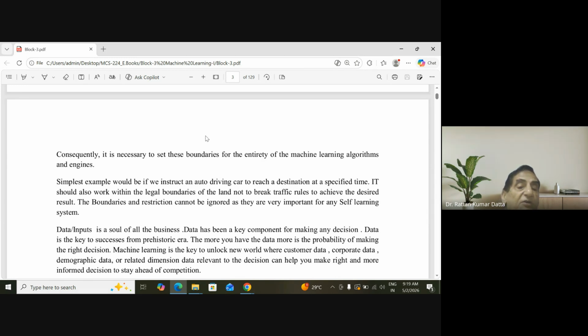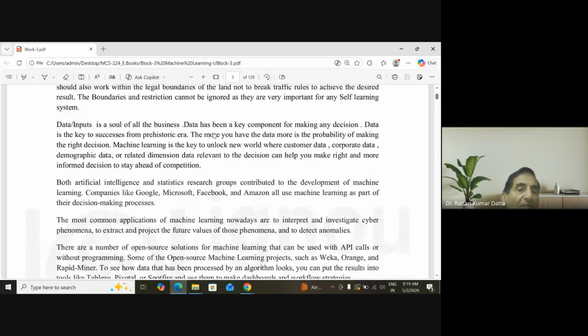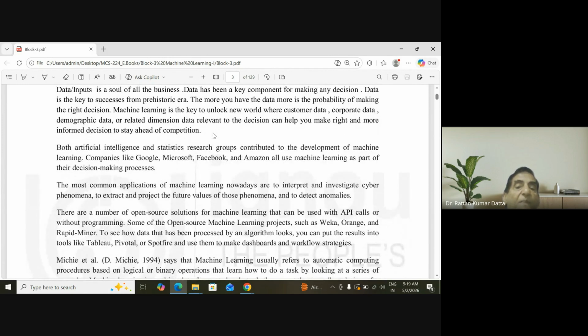Data has been a key component of making any decision. So data is important. For example, GPS uses the data. All these things are important. Both artificial intelligence and statistics research groups contributed to the development of machine learning. Because AI and statistics both combined are used in machine learning.